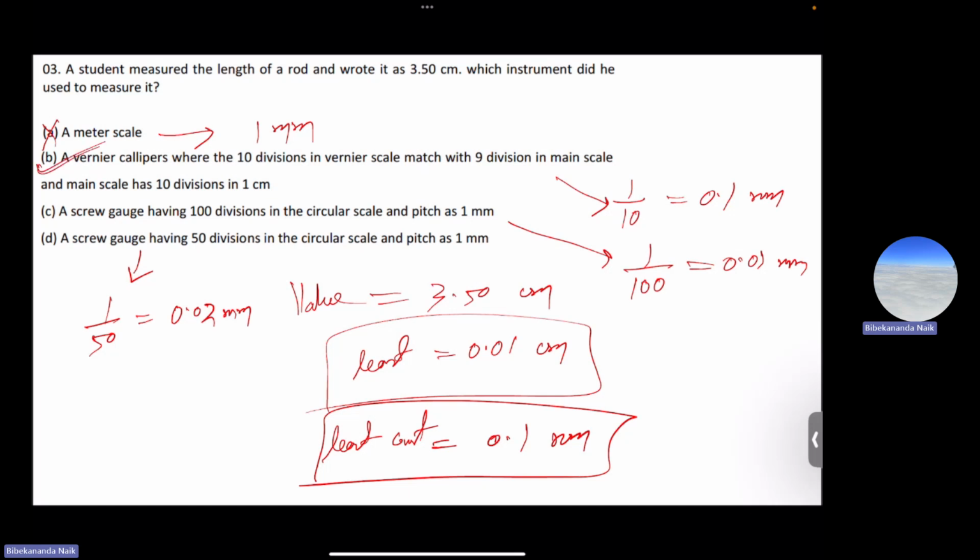So the correct option is option B, because the vernier caliper has 10 divisions in vernier scale which match with 9 divisions in main scale, and the main scale has 10 divisions in 1 centimeter. So 10 divisions in 1 centimeter means 1 division is 1 millimeter, and 10 divisions equal 9 divisions, so it is 1 by 10, that is 0.1 millimeter is the least count of the vernier caliper. So the student has used the vernier caliper to measure the length of a rod.